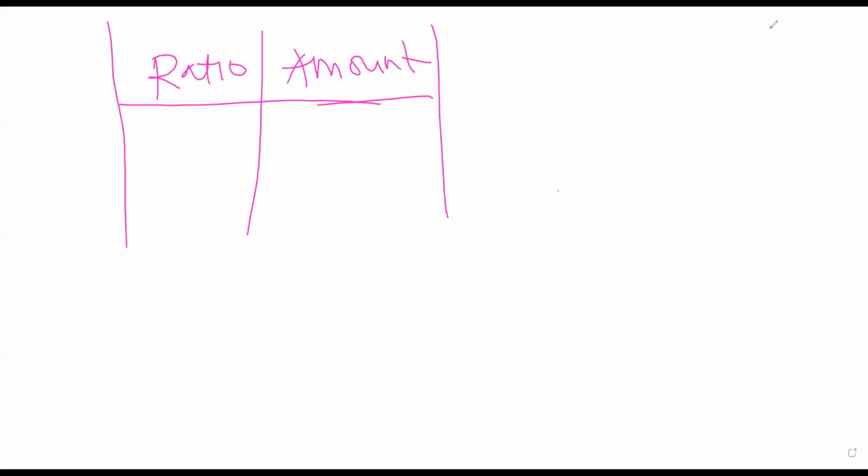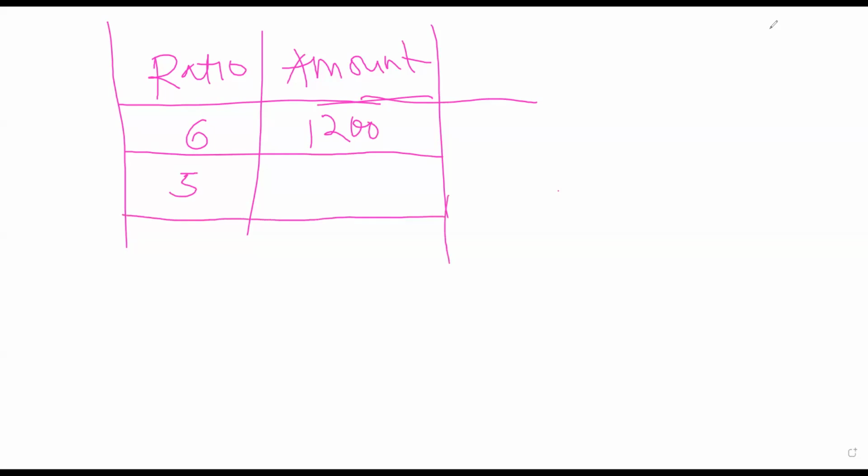We can be looking at it from this perspective where we have Baba's ratio, which is 6, and Baba's amount is 1,200. And then we also have the other person's ratio, which is 5, and the amount is unknown, which is x.